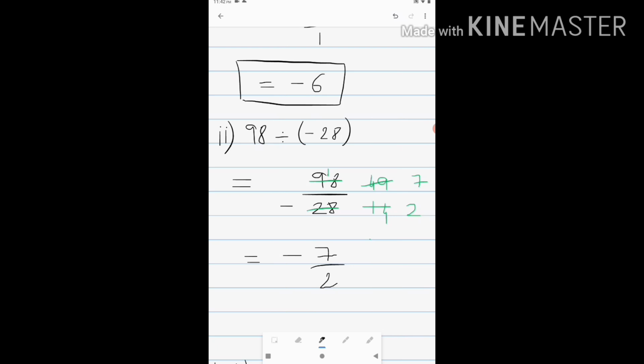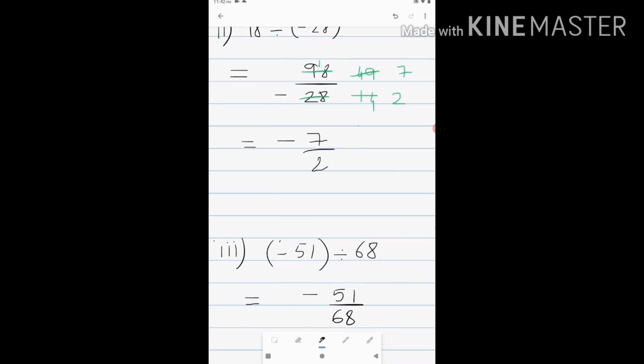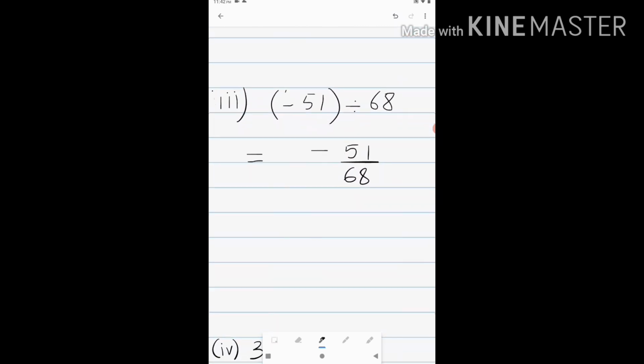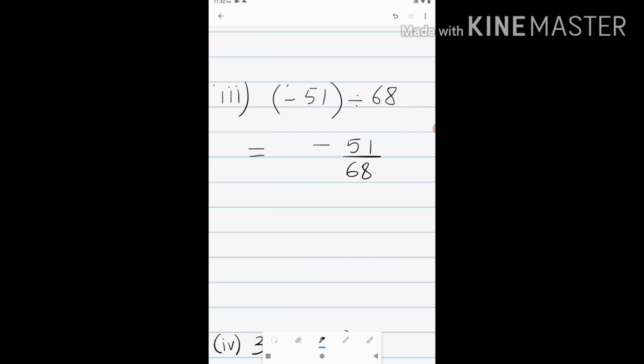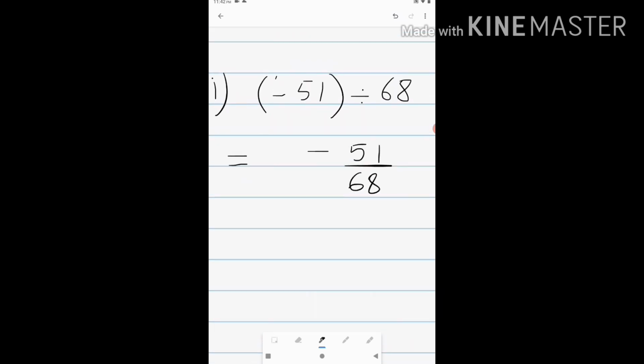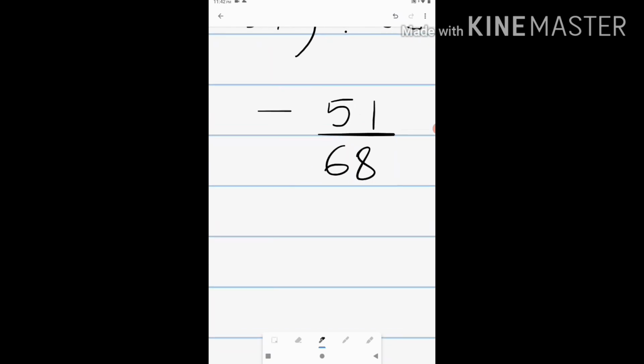Let's move on to sum number 3. Sum number 3 is minus 51 divided by 68. Again, I have written it down as per the question requirement, that is minus 51 in the numerator and 68 in the denominator.